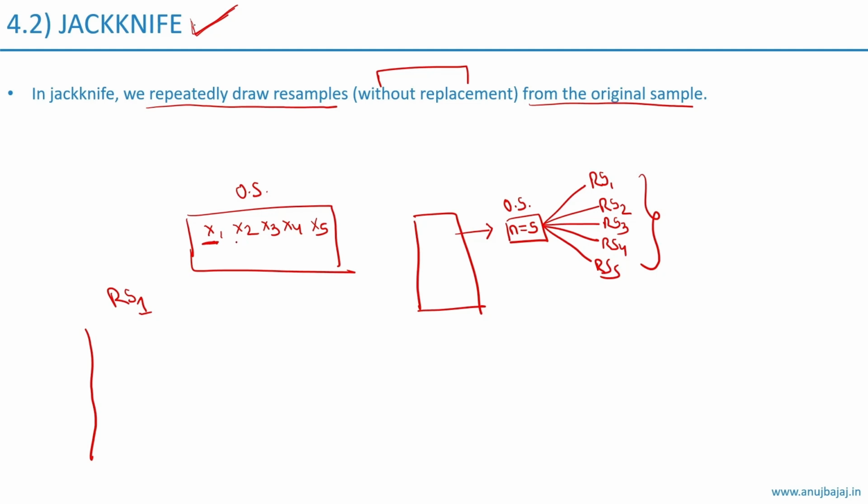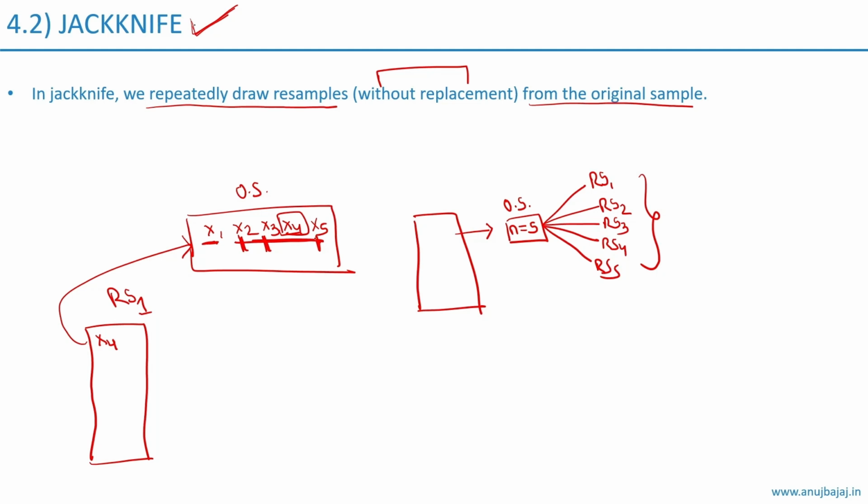From the remaining 4 observations, we will create our resample. Suppose I randomly pick an observation and it comes out to be the 4th observation. Without replacement, that is, without putting this observation back into the original sample, I will now pick an observation only from the remaining 3 observations. I am not allowed to repick this observation that I have already drawn.